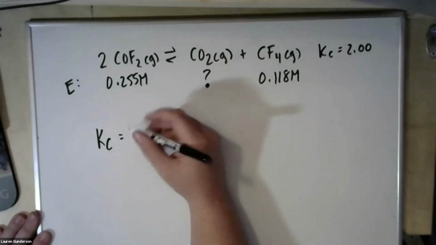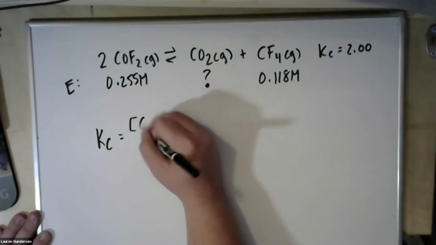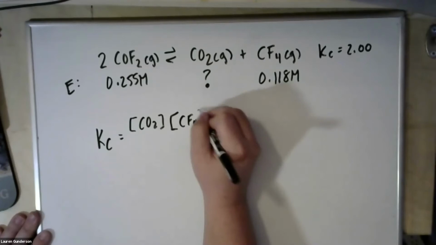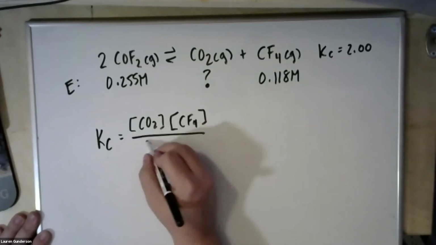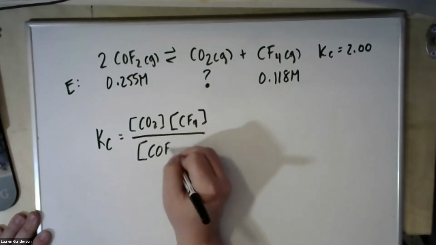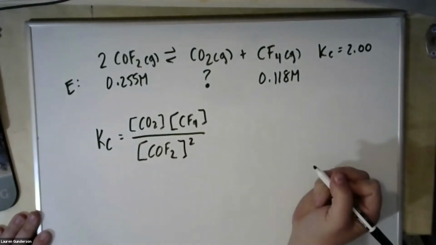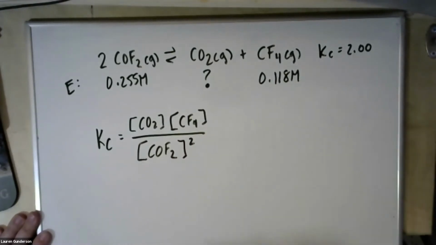So let's just write out our Kc expression real quick. Okay, and now we can plug in the values that we know. And what do we know in this case? It's a little bit different.